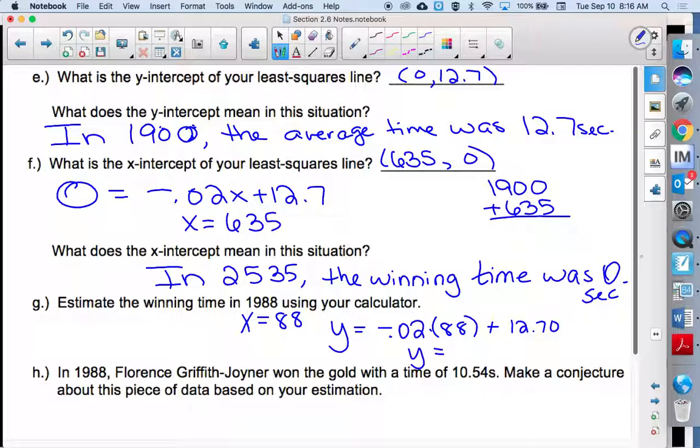So what would the winning time be in 1988? 10.94 seconds.